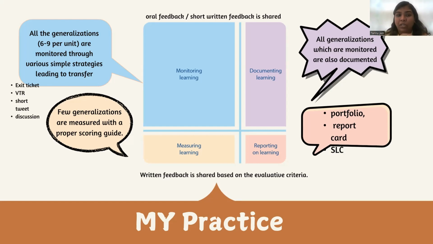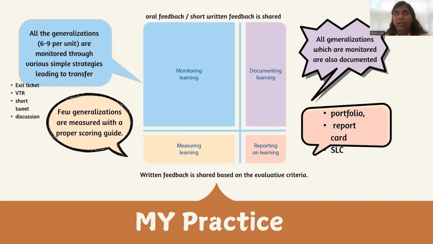All are documented, but for the generalizations which are measured extensively, which I want to report on, I put them within a proper rubric or a single point rubric, which I commonly use, or a checklist, and then I report on that. So this is how I usually prefer.